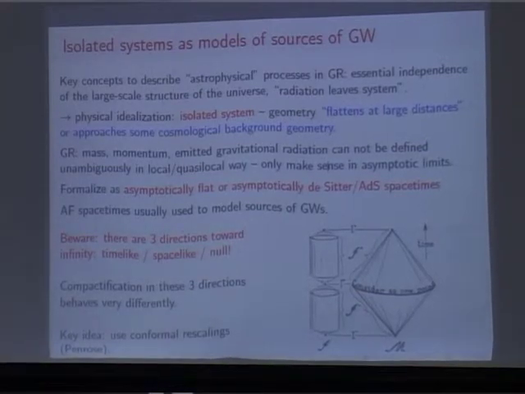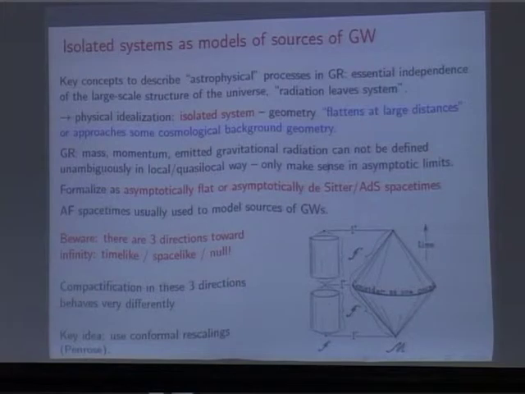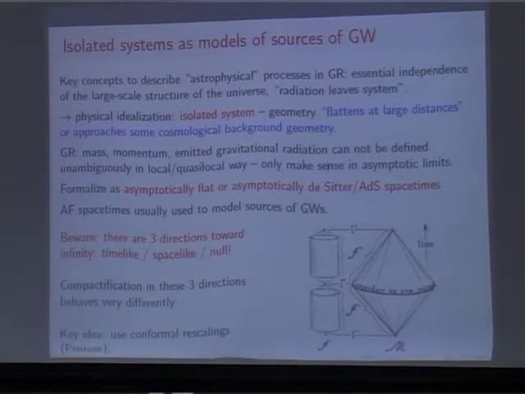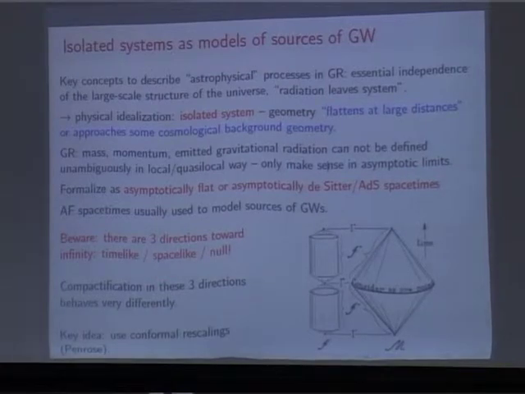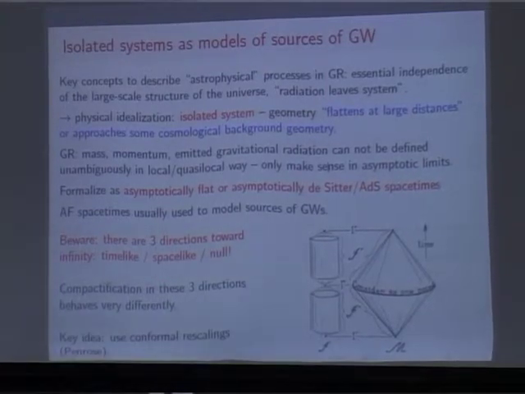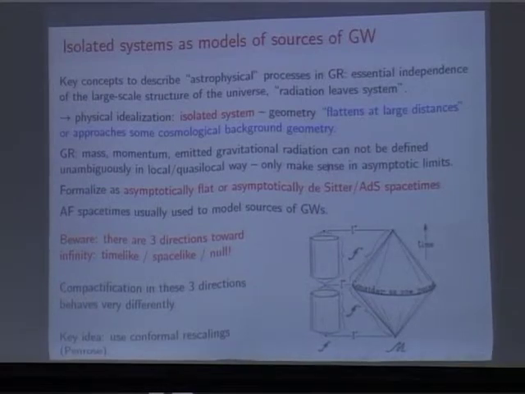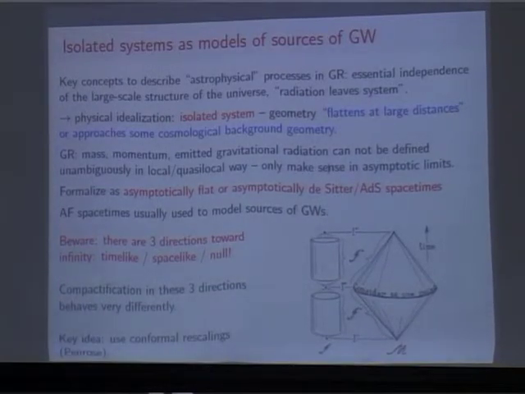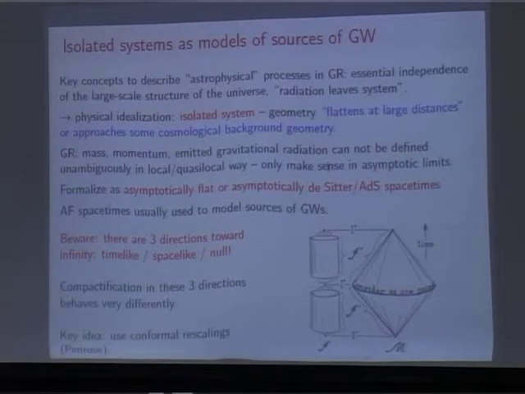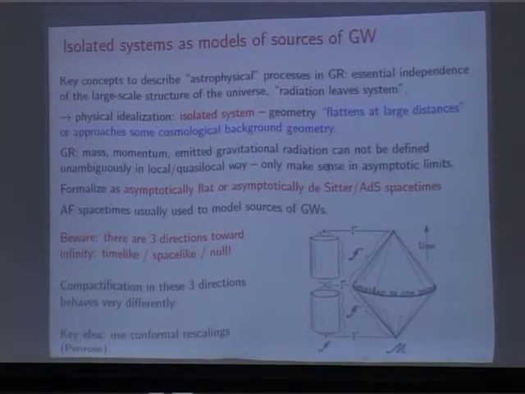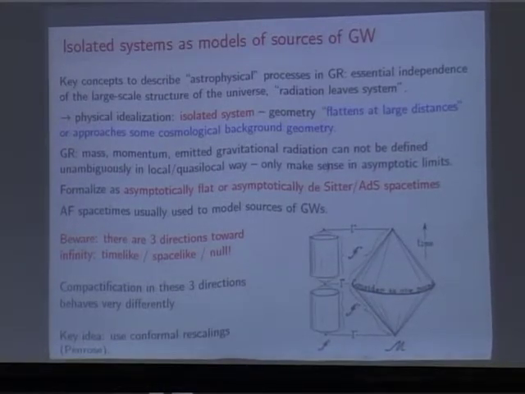Now, there's another complication: because it's relativity, if we go far away from our sources, we can do this along three different directions. We can do it along the time-like direction, which means just staying where we are forever, going to infinity along a time-like direction. Or space-like, moving away in an infinite space-like direction, so that the proper distance goes to infinity.